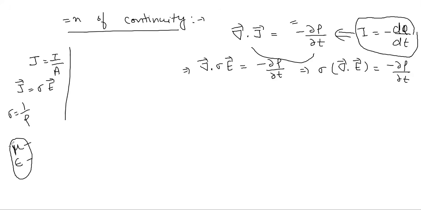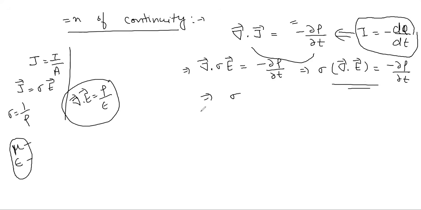According to Maxwell's first equation, del dot E is equal to rho upon epsilon. It is epsilon naught if you are talking in free space, but if you are talking in a medium, then epsilon naught will be replaced by epsilon here. So that means this equation here I can write in this form also. Rho upon epsilon is equal to minus curly rho over curly t here.